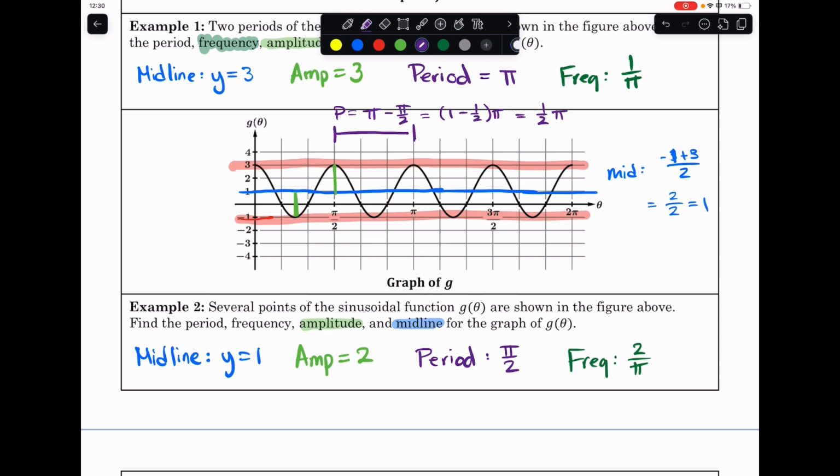Let me get yellow. So 1 cycle is right here, and then this is a second cycle right there. And then when I go to 2 pi, I should see the exact same thing, and I do: 1 cycle, and here's the second cycle.